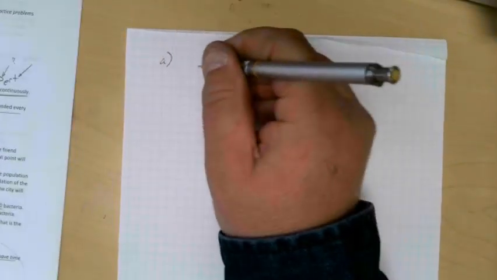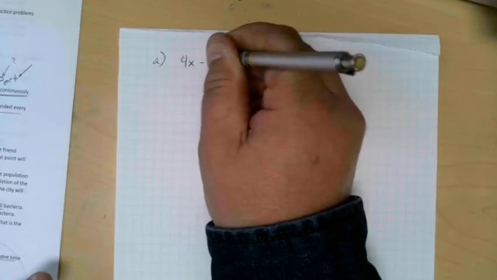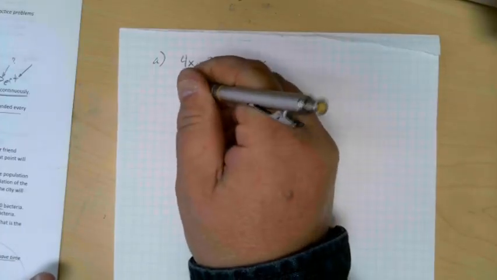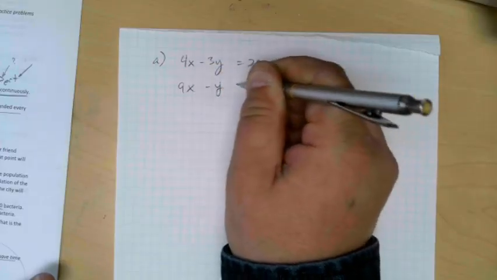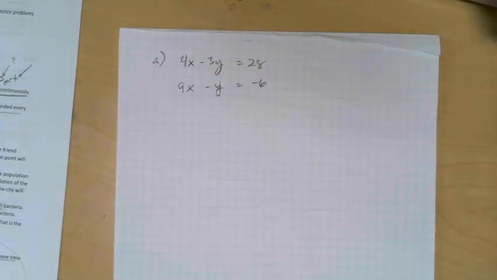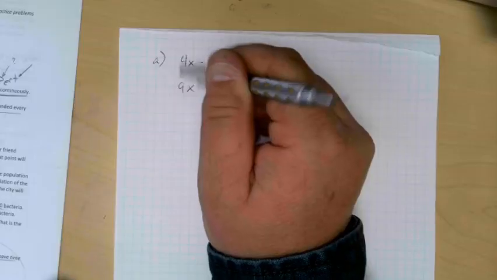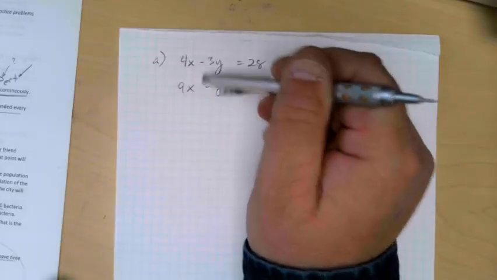Okay, so let's look at this. In 10.1a, it says 4x minus 3y equals 28, and 9x minus y equals negative 6. Okay, so if I'm going to do elimination, I want to be able to add these together and get rid of them by having the same number here but different signs, or here.